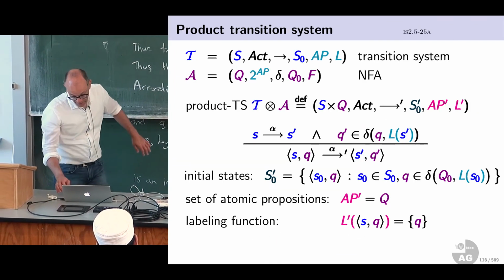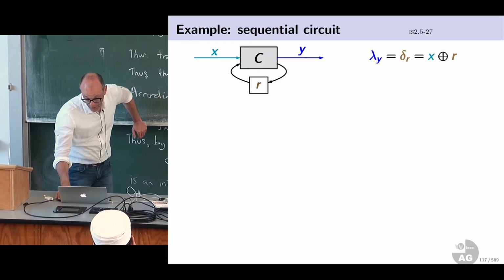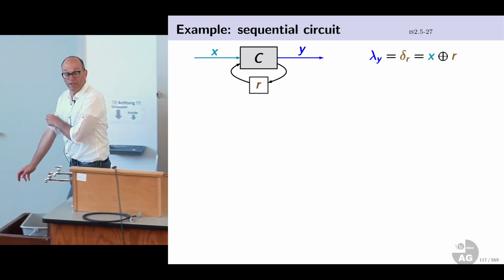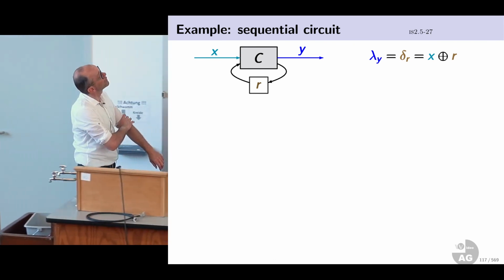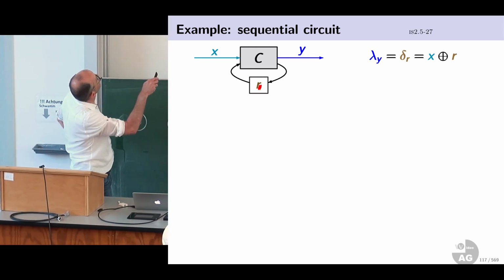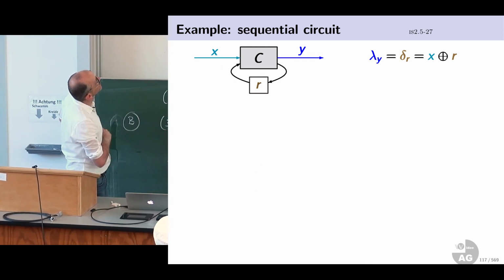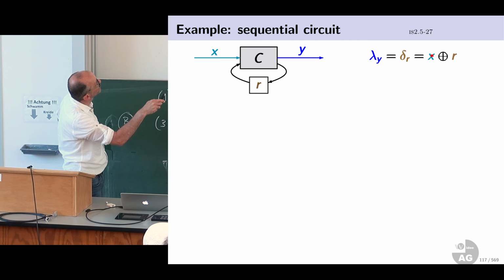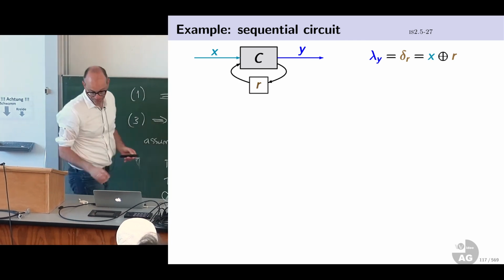Good. So here is an example. It's an example of a circuit and an example of a property of a circuit. So this is a circuit which is just one register, one input, one output. The output as well as the value of the register is the exclusive OR of the input and the register value.